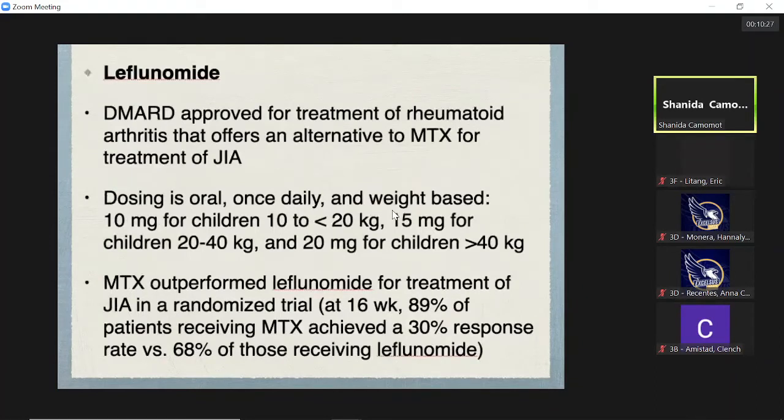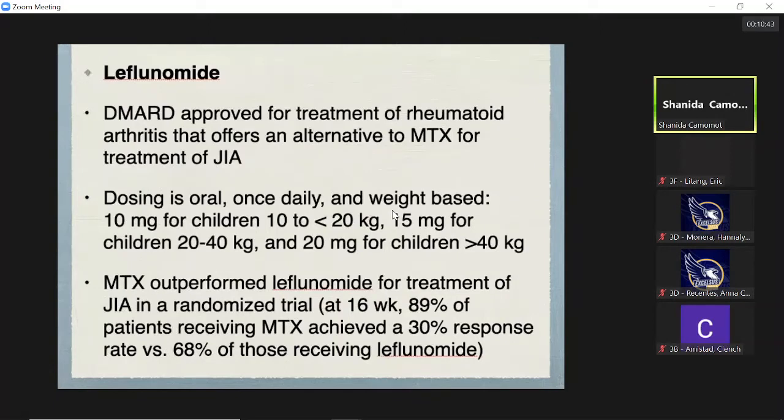The next non-biologic DMARD is your leflunomide. This is also approved as a treatment for RA in adults, and it offers an alternative treatment to methotrexate for treatment of JIA. The dosing is oral and weight-based.